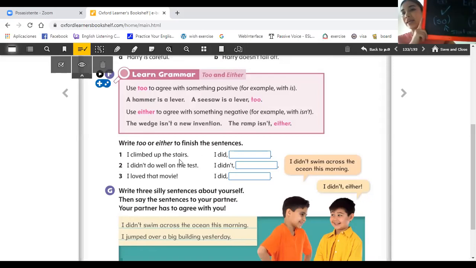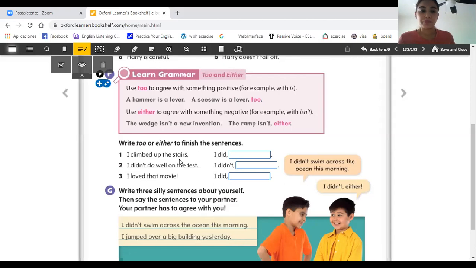Remember that, I'm going to show you my board again. Remember that too is used for positive statements and either is used for negative ones. Okay, so in this case, I climb up the stairs is positive. So what should you use to complete this sentence? I did too or I did either. Excellent. I did too, because it is a positive statement.